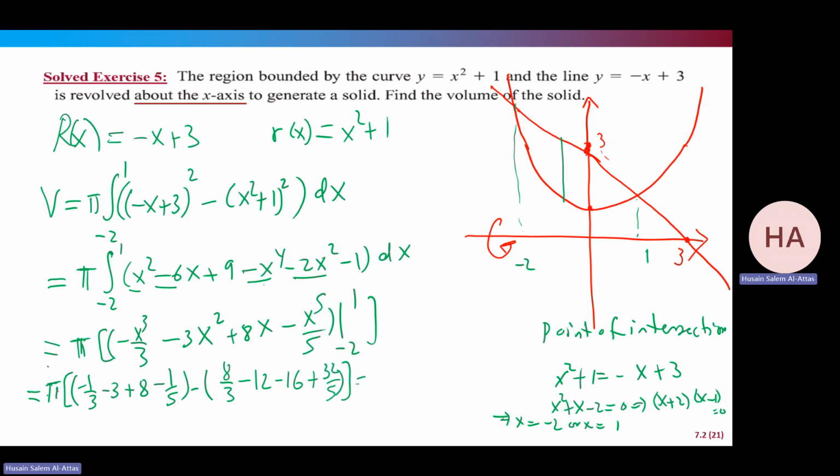Okay, that will be by, let me check, minus 1 over 3 minus 8 over 3, that is minus 3.